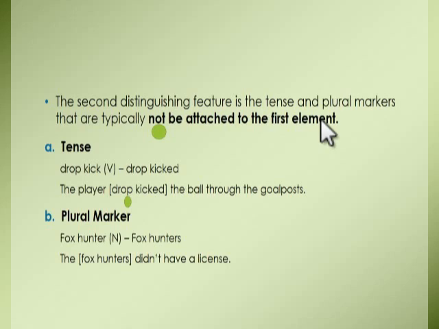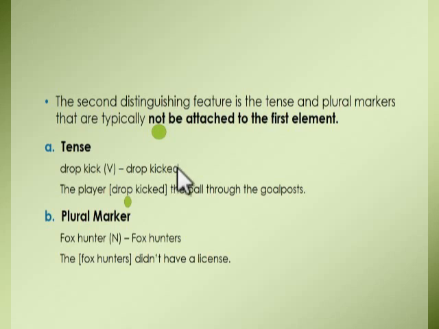So if you want to change the tense of a verb compound, like drop kick, because kick is a verb, this is a verb compound. You have to add -ed or -ing, like drop kicking, drop kicked, or drop kicks.